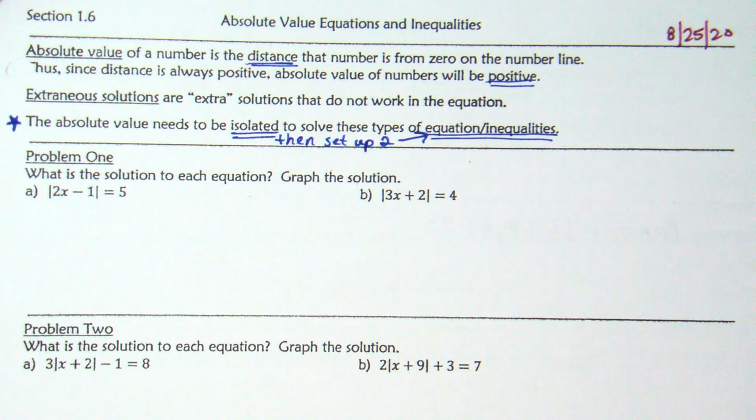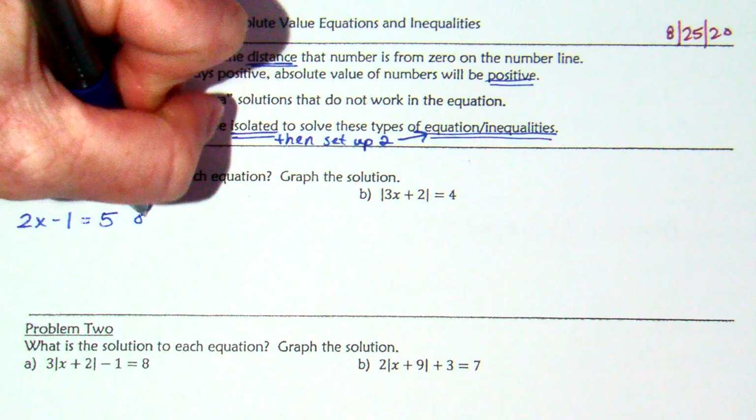What's the first equation we're going to set up? The given equation. So the first equation is always the given equation. Just drop off the absolute value. So 2x minus 1 equals 5. That's one equation.